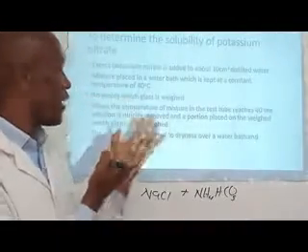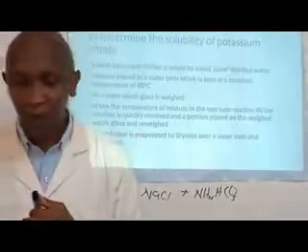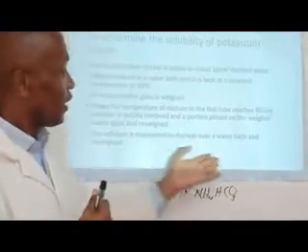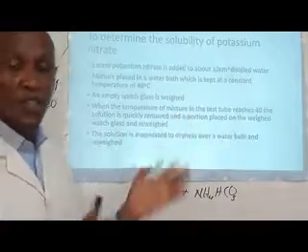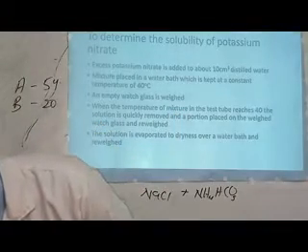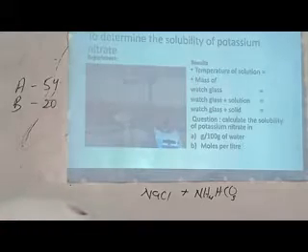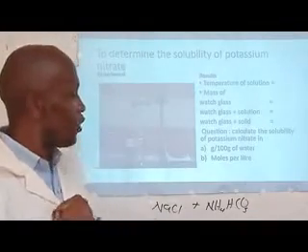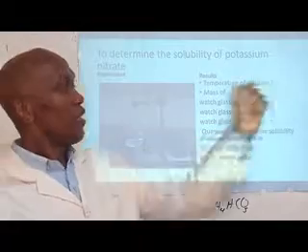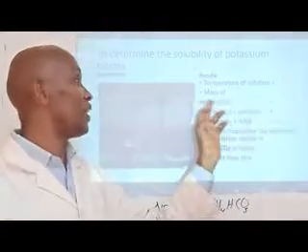Then after that, we shall also weigh the watch glass with the resultant solid. We can look at a diagrammatic representation of that. What pieces of information do we need? The temperature of the solution, we need to pick it from the experiment. You can write that down.